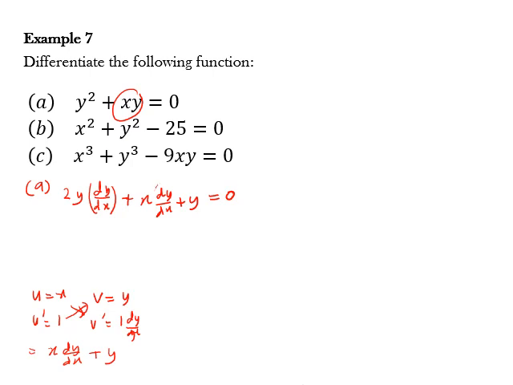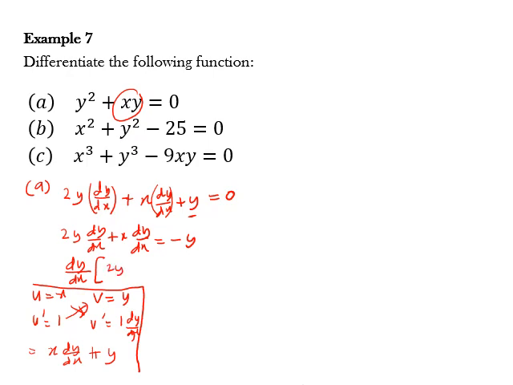So now we need to collect the dy/dx. So first we move the y to the right. So it will be 2y dy/dx plus x dy/dx equals negative y. And then we factor out dy/dx.